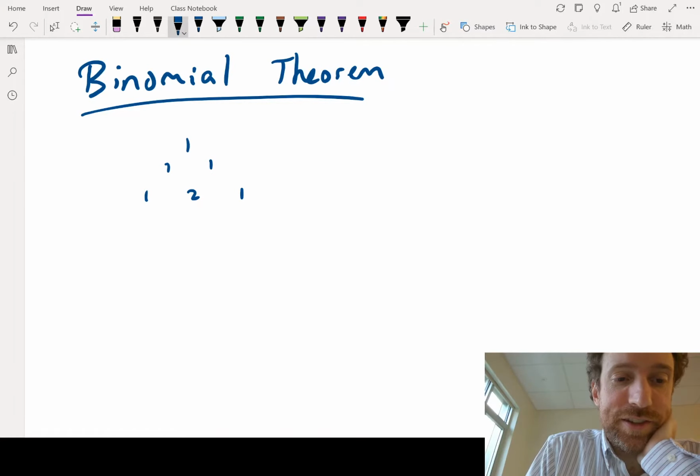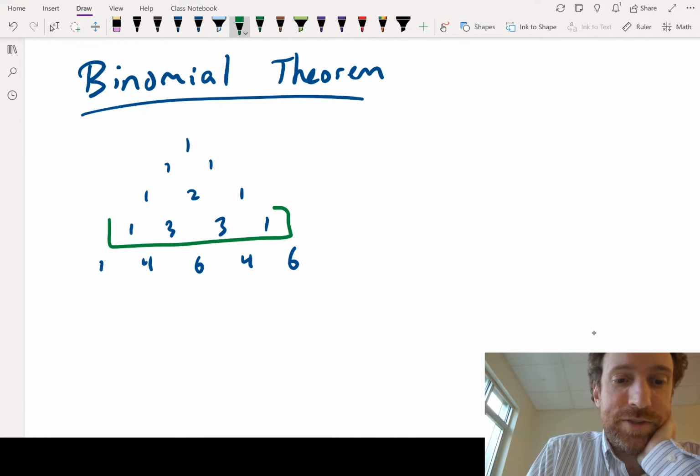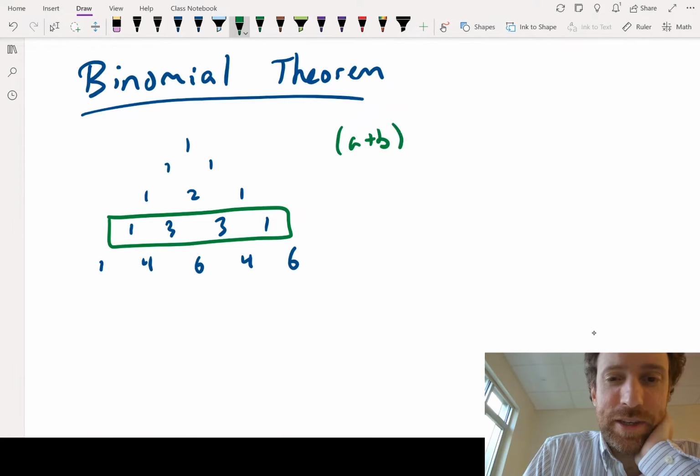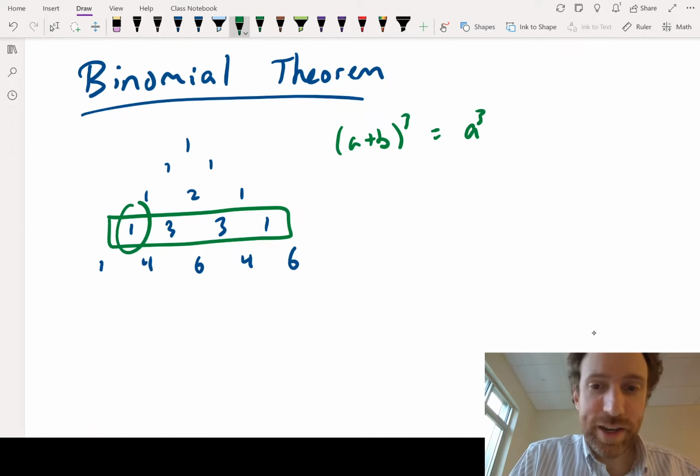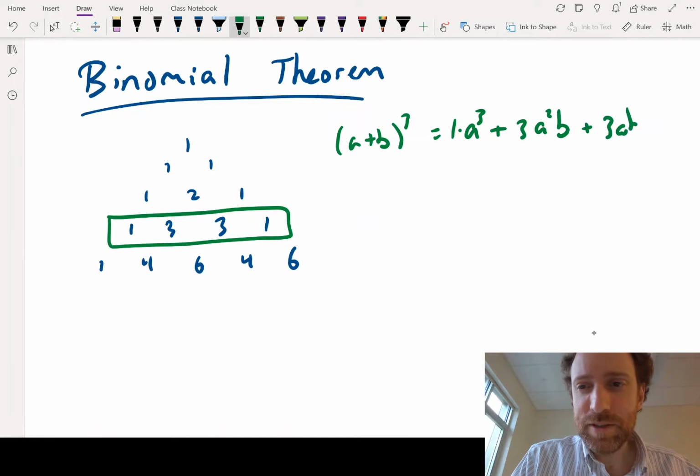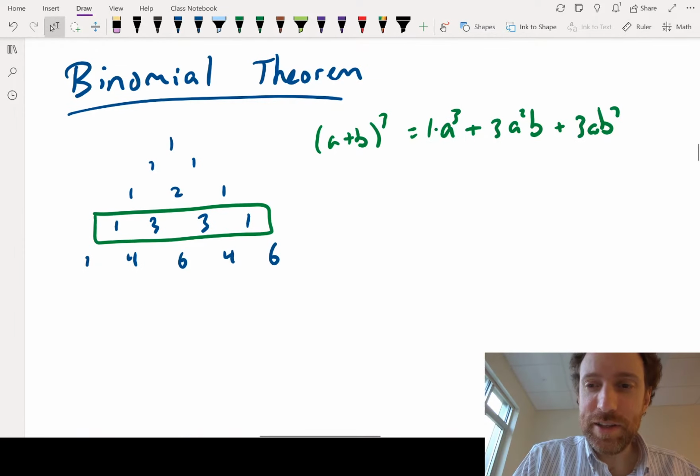So Pascal's triangle is a triangle full of what we call combinations, and this row right here gives you the coefficients for a plus b cubed, which is 1a cubed, plus 3a squared b, plus 3ab squared, plus b cubed.